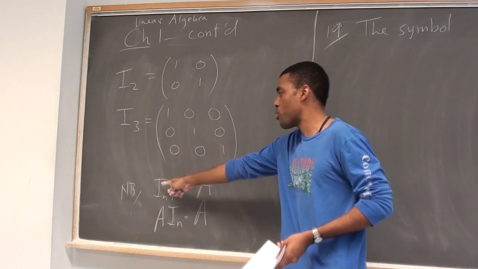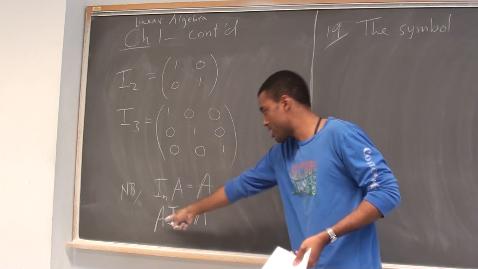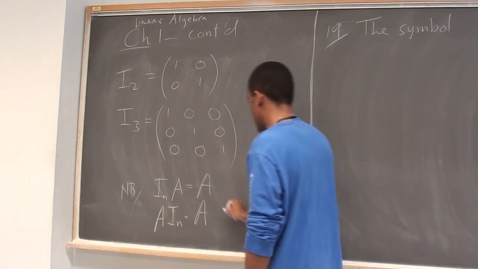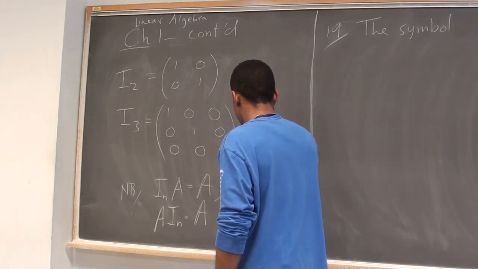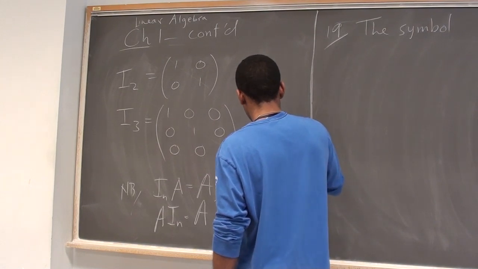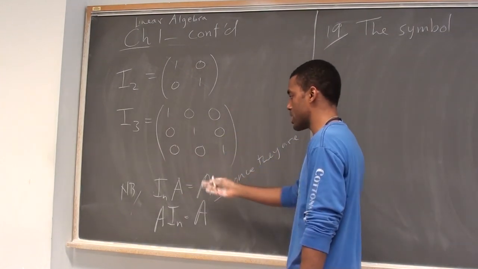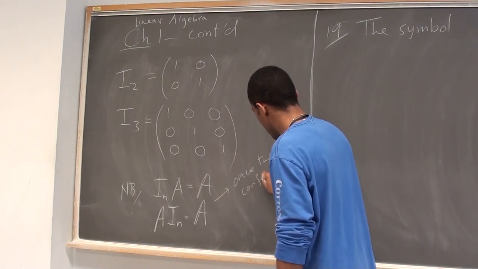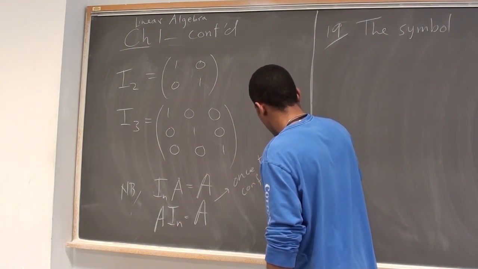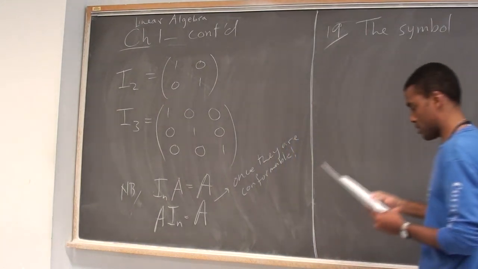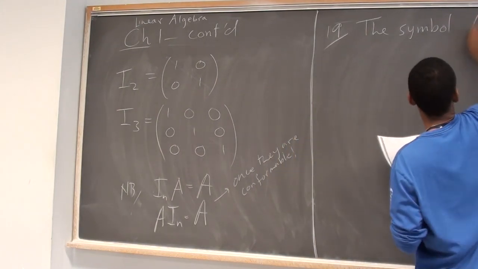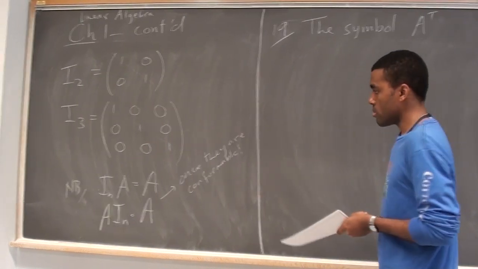It's sort of like 1: 1 times anything is the thing itself, or the thing times 1 is the thing itself. Once they are conformal, once the multiplication actually makes sense, you'll always get the matrix itself.